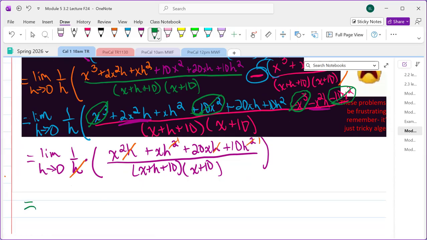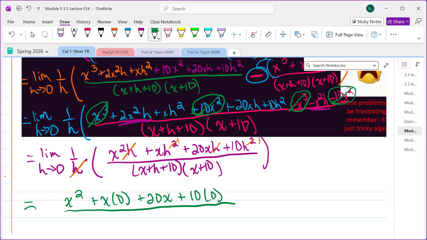So that will be x squared plus x times 0 plus 20x plus 10 times 0, all over x plus 0 plus 10 times x plus 10.